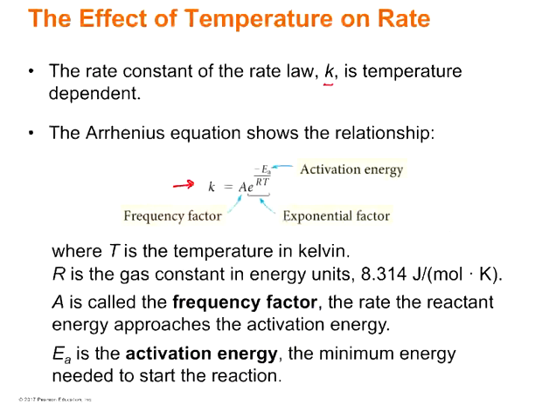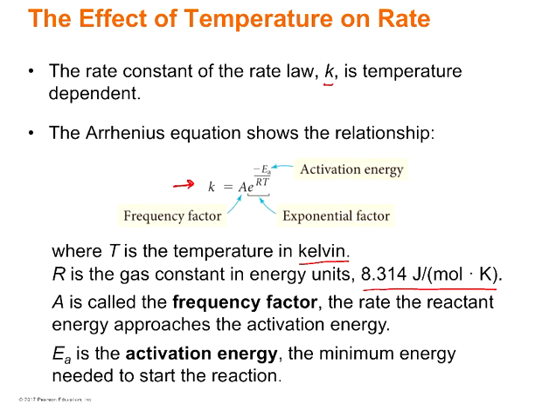So T has to be in Kelvin because we are using the gas constant R. And R, in this case, will be 8.314 joules per mole Kelvin. And then remember that A is the frequency factor, which is the rate that the reactant approaches the activation energy.